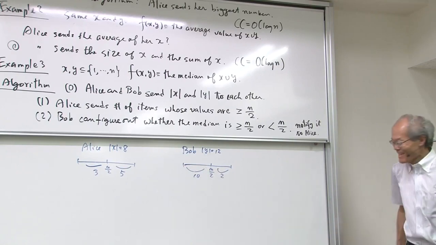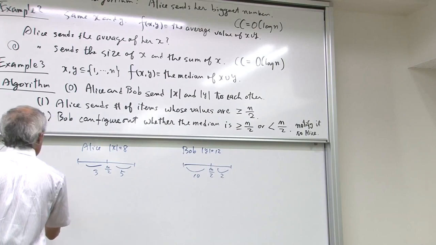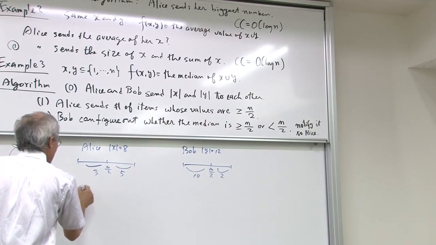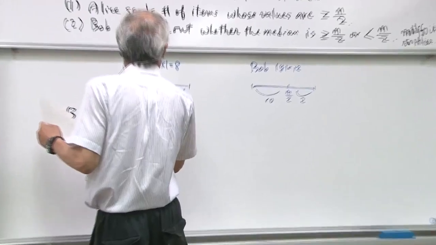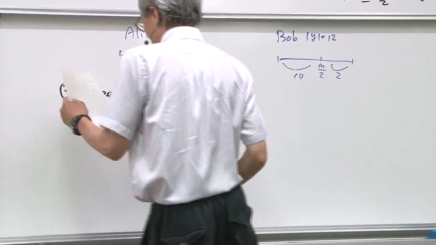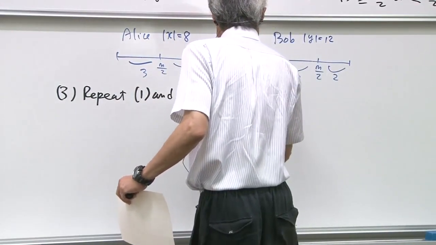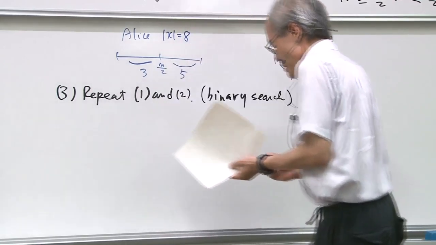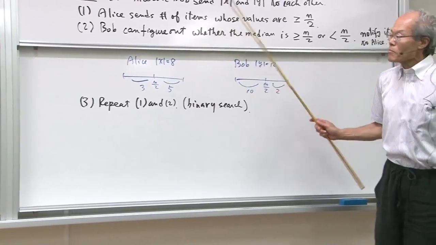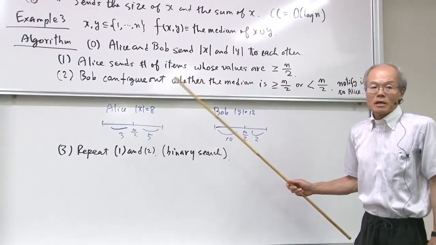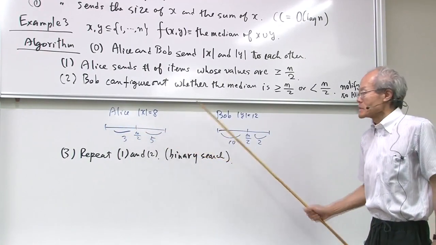Now both Alice and Bob know that the median should be in the first half of the numbers.